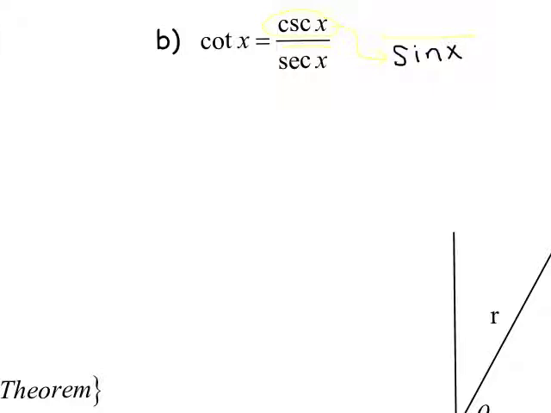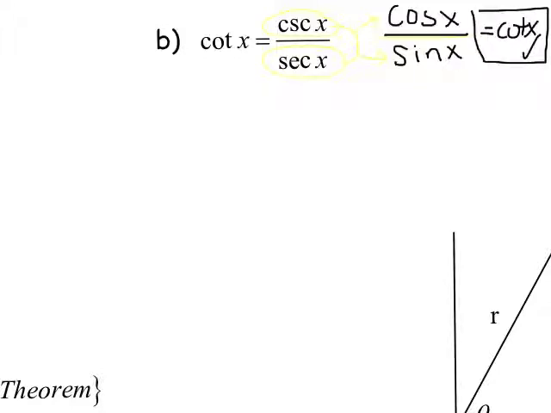And if I see a secant x on bottom, I could rewrite that as cosine x on top. Now, this is what we just did. It's just a much faster way to do it. So if you understand this, that is so great, because now you're done. Cosine x over sine x is cotangent x.